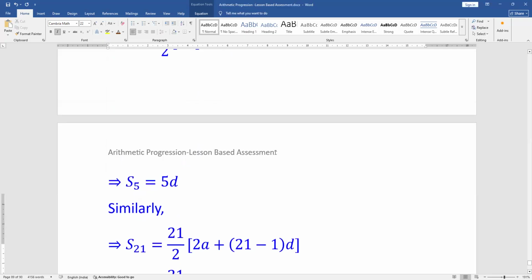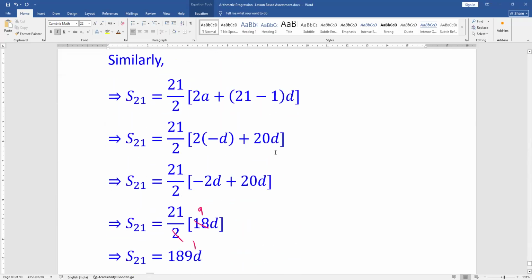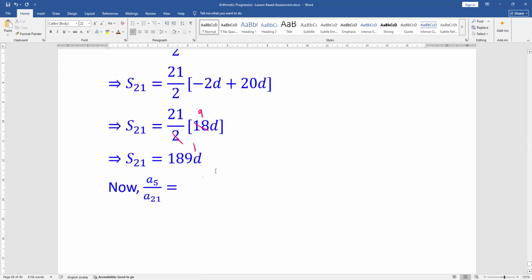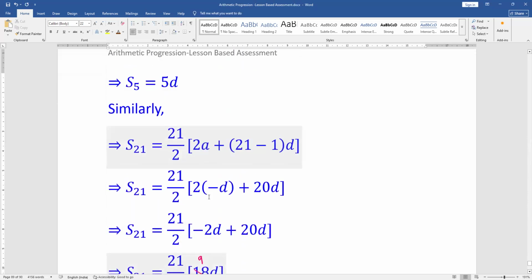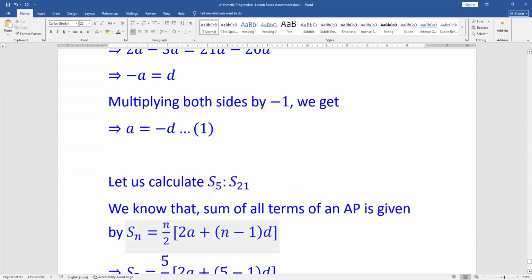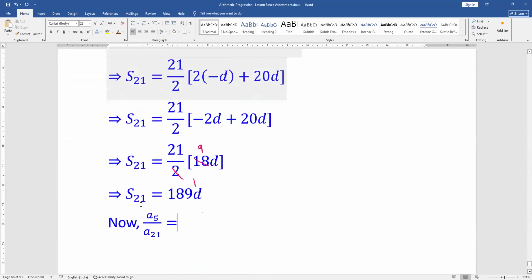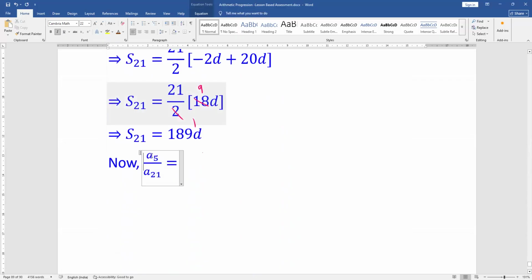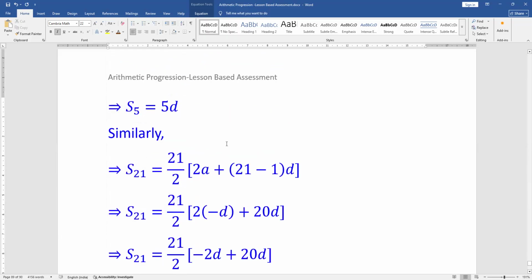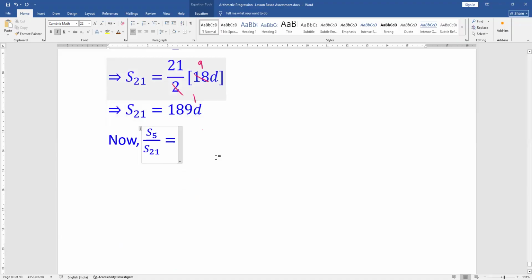So here we need to find S5 is to S21. Let us write the ratio, S5 by S21. On my right hand side, I write 5D by 189.